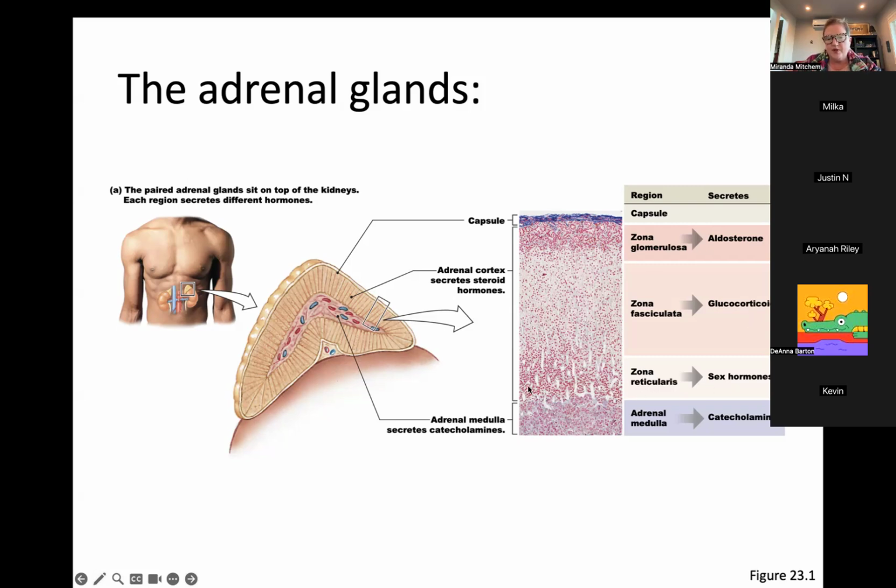Our sex hormones are produced deeper down towards the medulla, and the medulla is where the catecholamines are produced. And then the zona glomerulosa, close to the capsule, is where aldosterone is produced from. So different locations for the production of different hormones from the adrenal cortex and medulla.